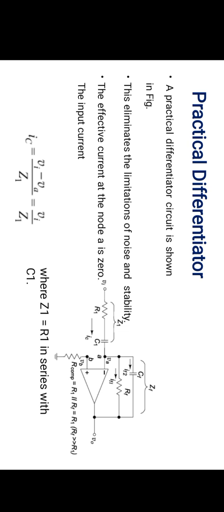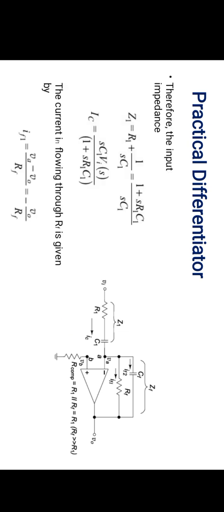The input current IC equal to (Vi minus VA) divided by Z1 equal to Vi by Z1, where Z1 equal to R1 in series with C1. Therefore, the input impedance Z1 equal to R1 plus 1 by S into C1 equal to (1 plus S into R1 into C1) divided by S into C1.